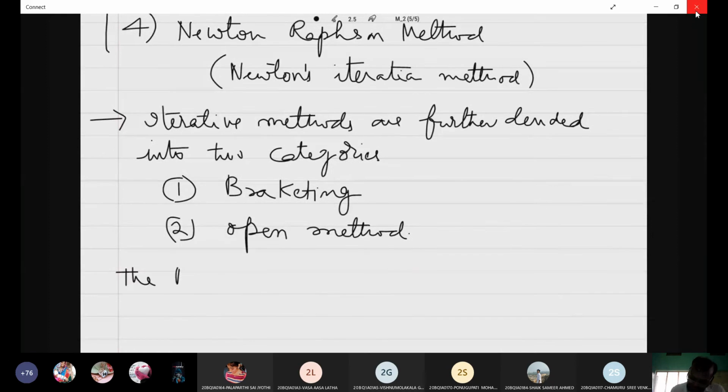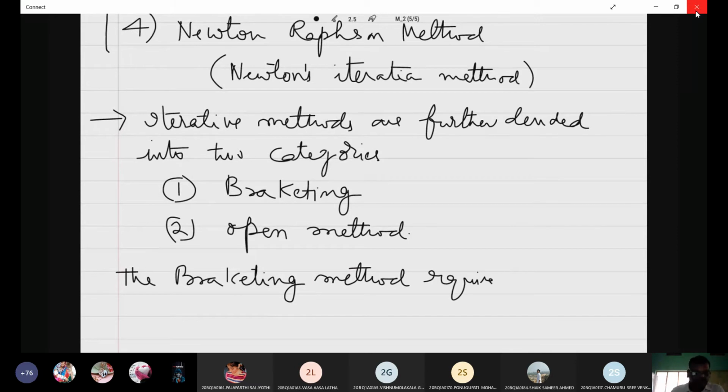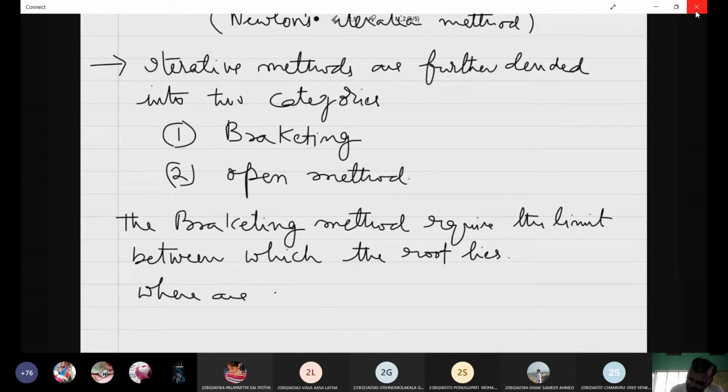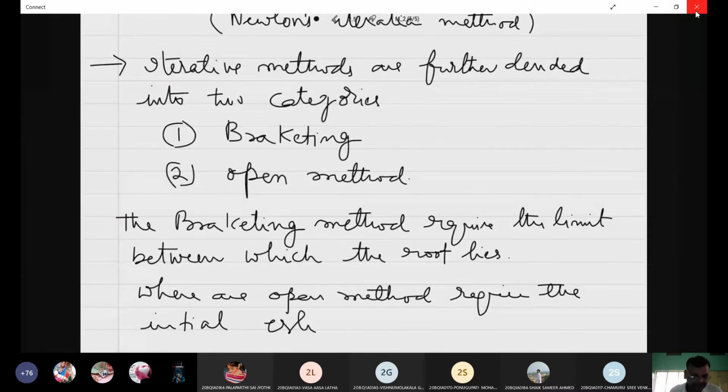The bracketing method requires the limit between which the root lies, whereas the open method requires the initial estimation of the root.